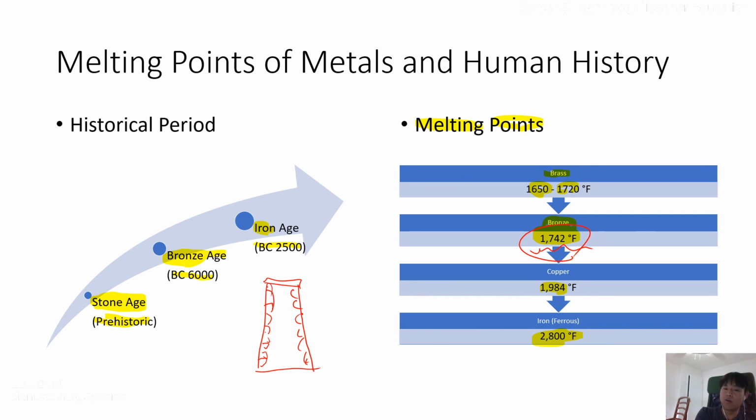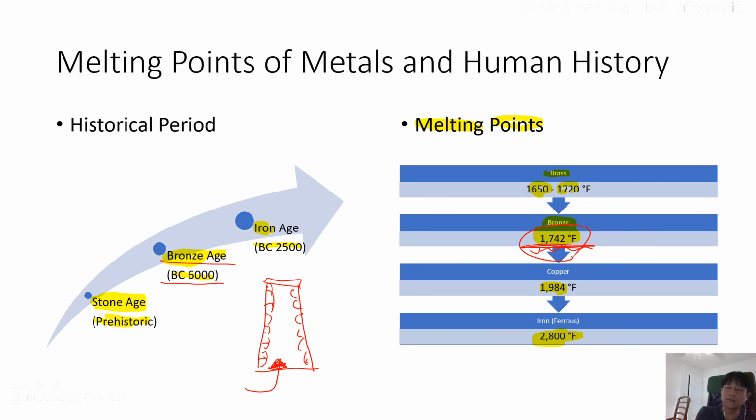And then they needed the skill to add more fuel, such as charcoal or other materials, to reach this temperature. That means around BC 6000, humans finally found a way to make an efficient furnace to melt copper, like bronze, copper plus tin.